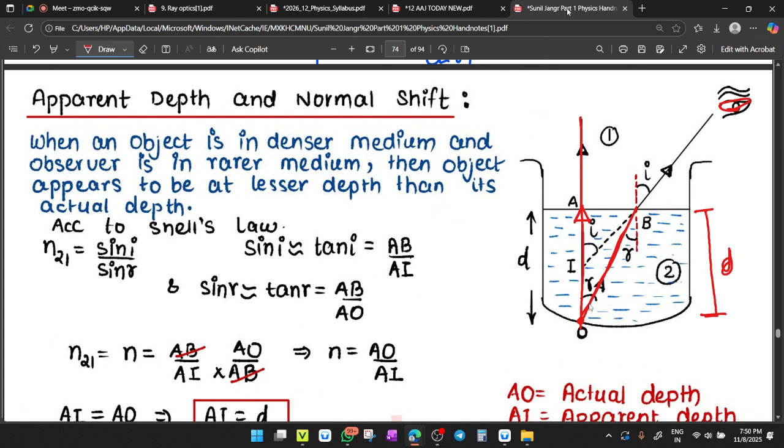Now when the second ray is coming, the ray is coming from denser to rarer, so it will bend away from the normal.